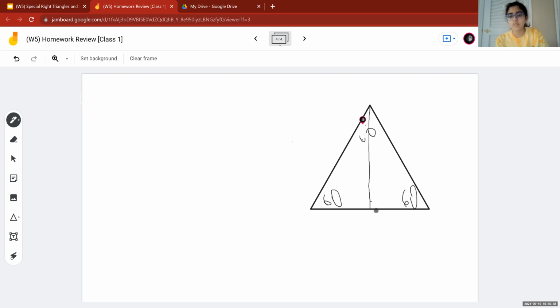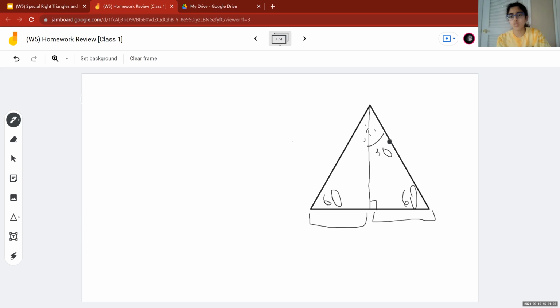Because we have 30 degrees here, and then we have 60 degrees here. So that means that 30 plus 60 subtracted from 180 is just 90, which is why we have a 90-degree angle here. So we can see that this is half of the side length, as is this.